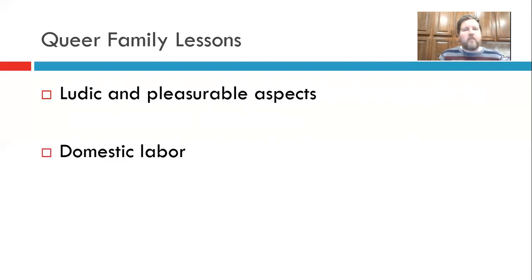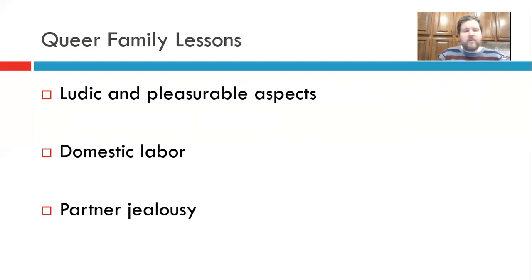Also, queer families are much better about sharing domestic labor. Part of that, you could probably guess, is because if you don't have a husband and wife, then you can't really have people doing those chores. But it's not that one person assumes what a wife would typically do and one person assumes what a husband would typically do. The research shows that a lot of times this labor is more evenly split amongst queer couples.